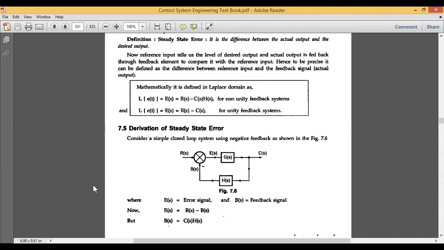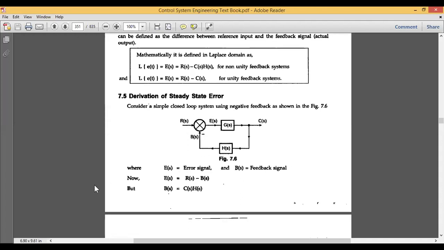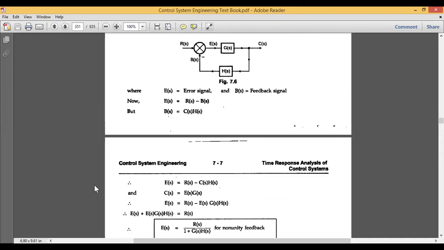Now if I substitute the value of B of S in E of S, I get E of S equal to R of S minus C of S into H of S. The output signal is given by C of S equal to E of S multiplied by G of S. So the signals E of S and C of S are defined.